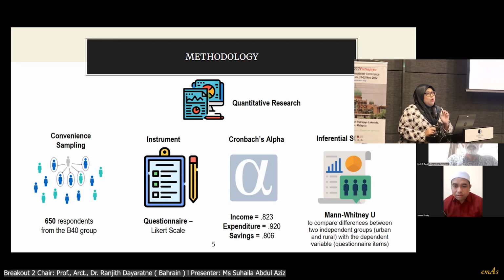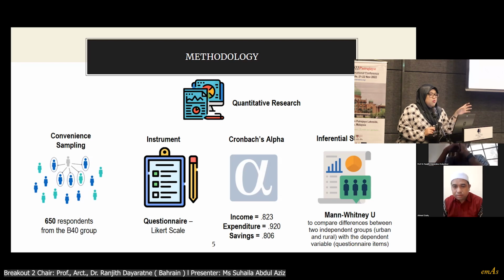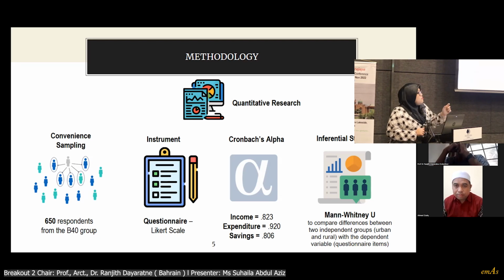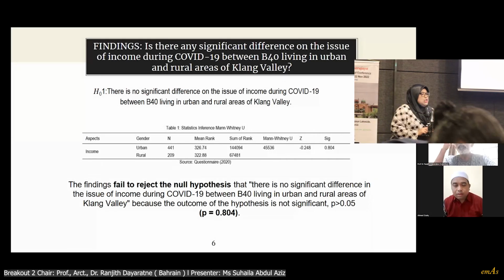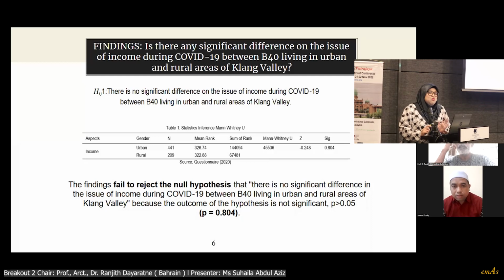In this case, we compare those who live in urban Klang Valley and those who live in rural Klang Valley, and we compare that with the dependent variables, in this case our questionnaire items, from these three different topics: income, expenditure, and saving, which is related to our objectives. Because we are trying to compare differences, of course, we have hypotheses.